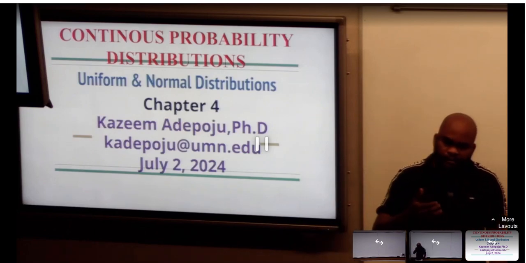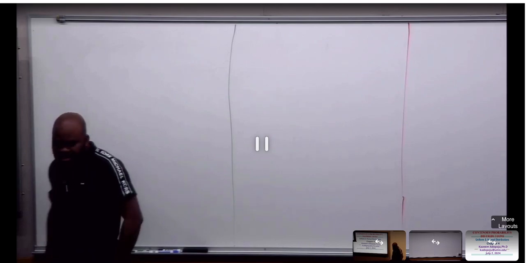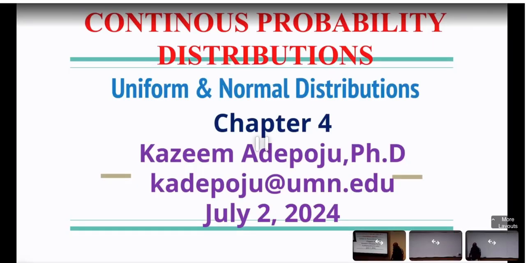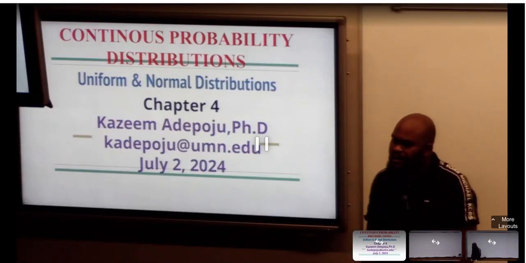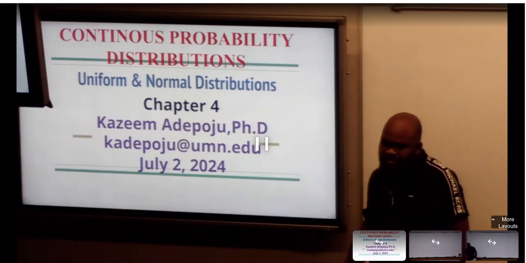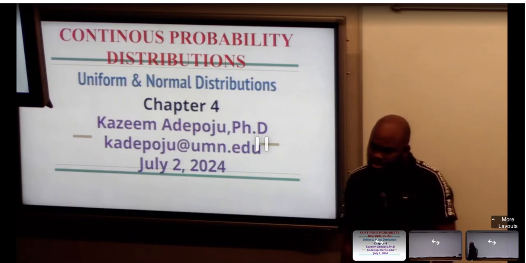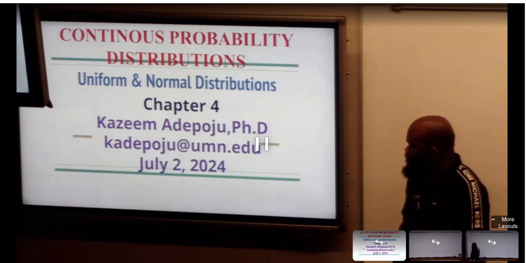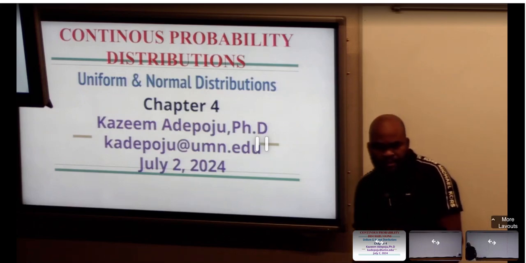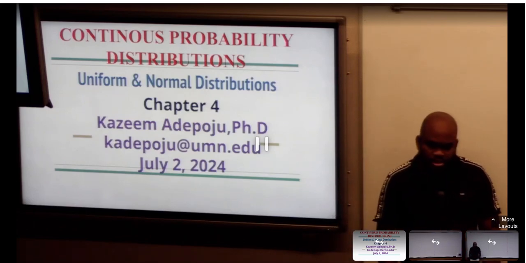Just like what we did under discrete probability distributions, where we started from Bernoulli to binomial to negative binomial, hypergeometric, and the like, we're also going to do the same under continuous type probability distributions. So today, the focus is going to be on uniform and normal distributions.